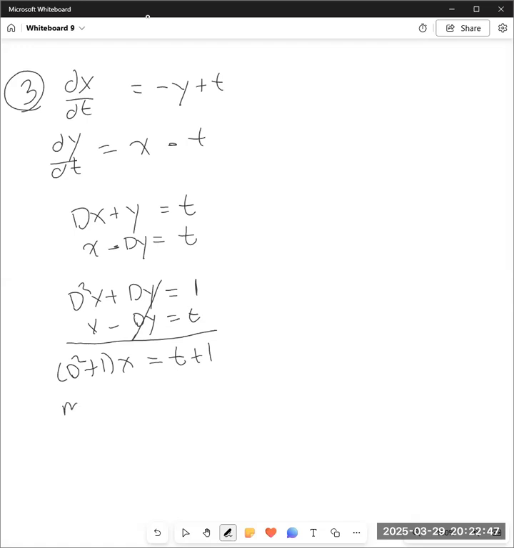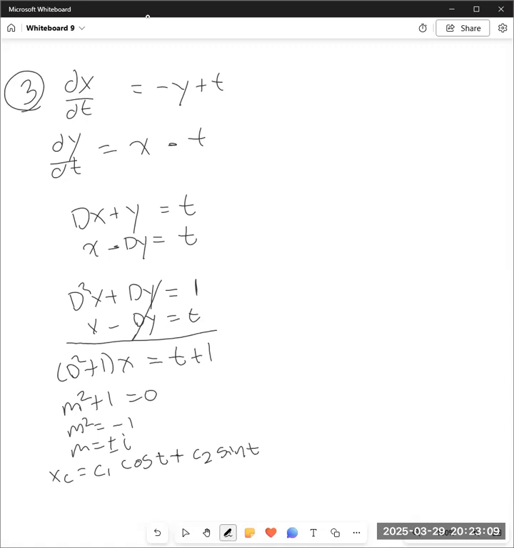Solving for my complementary solution, m² + 1 = 0, m² = -1, m = ±i, meaning that xc is equal to c1 cosine t plus c2 sine t.